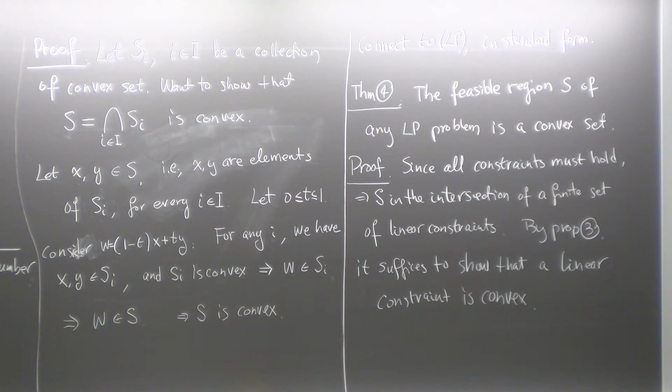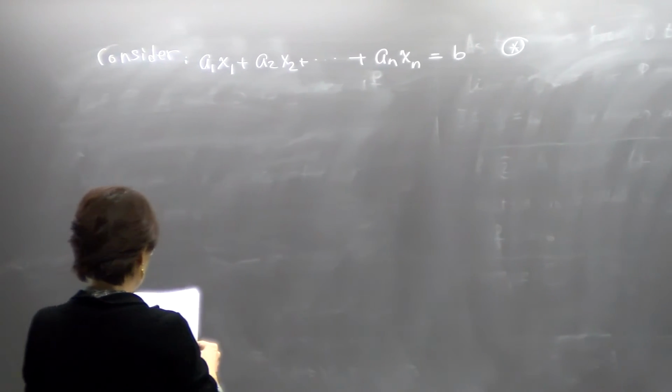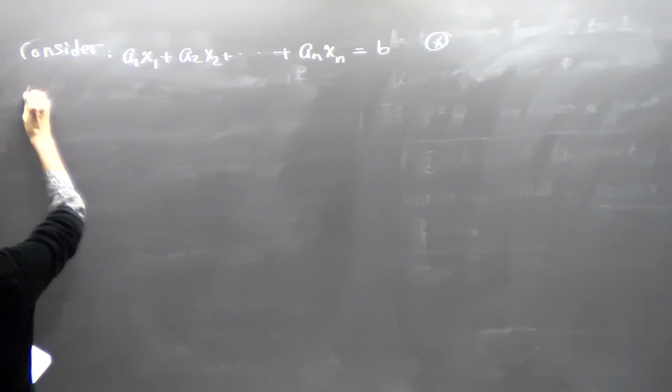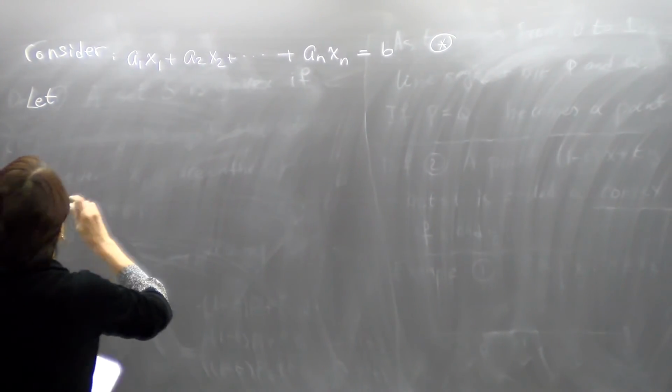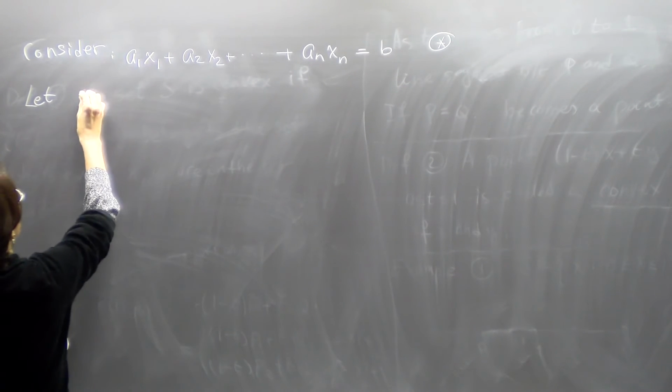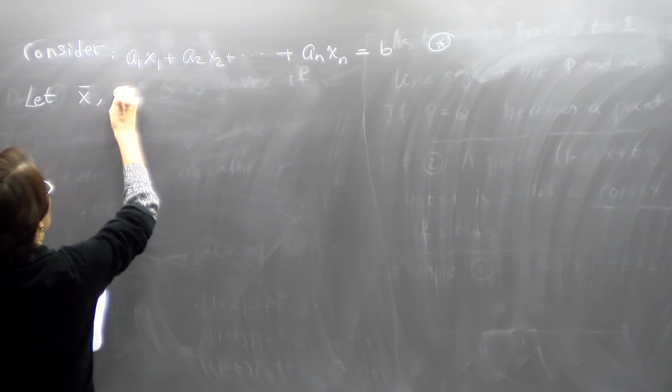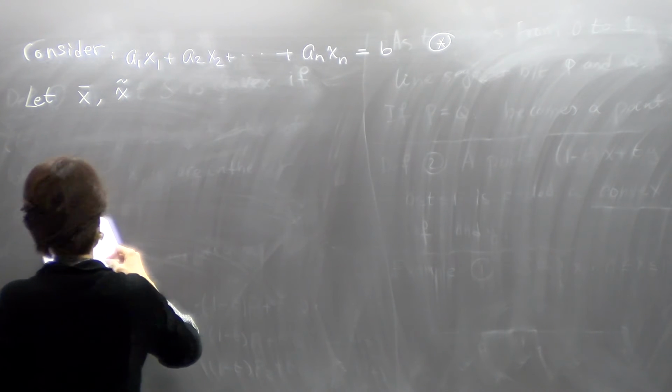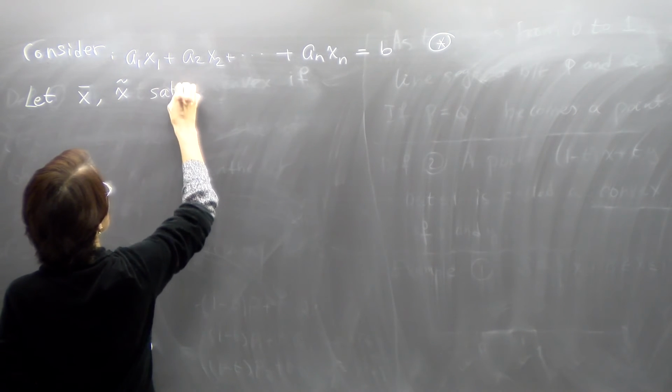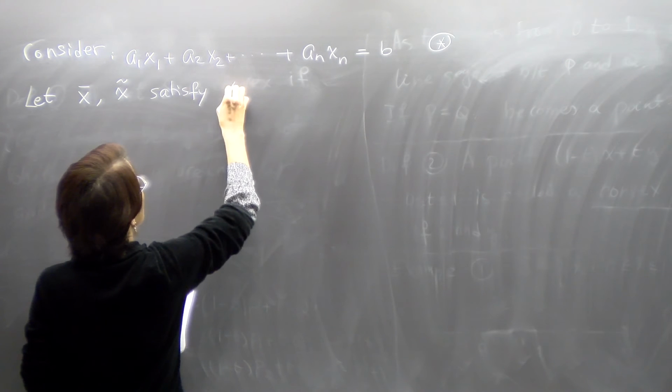Okay, so per definition, what I need to do is randomly pick 2 points in the set and then make a convex combination and show the convex combination also lies in the set, right? That's always what we have to do. So let's try. Need some notation, so I'm going to put things on the top. Let x bar and x tilde satisfy star.